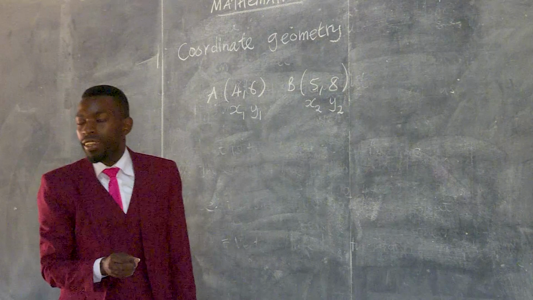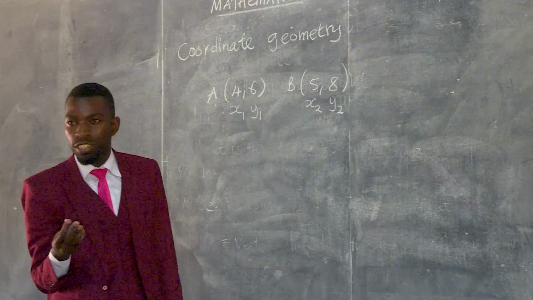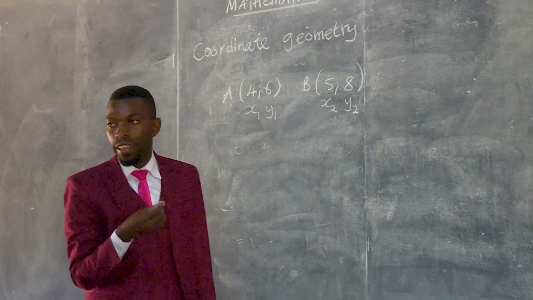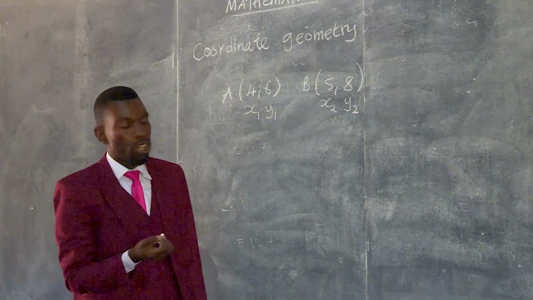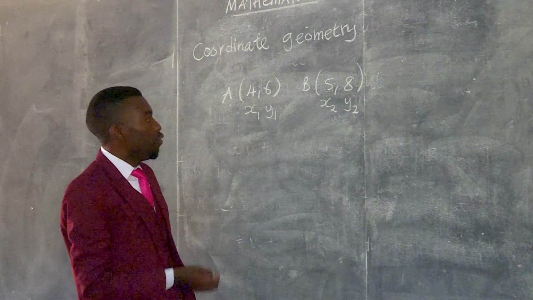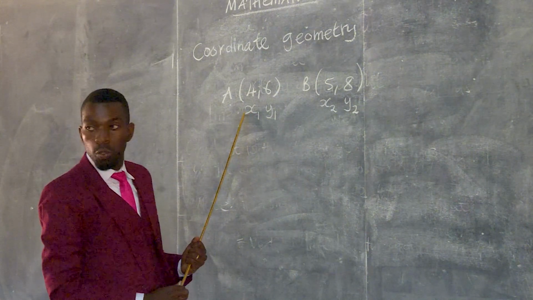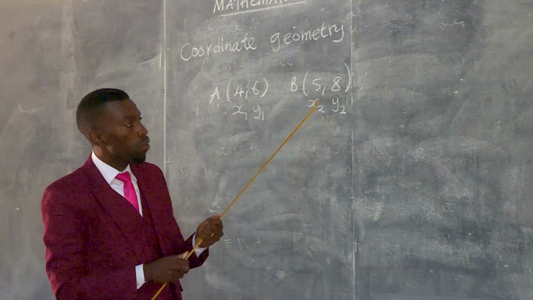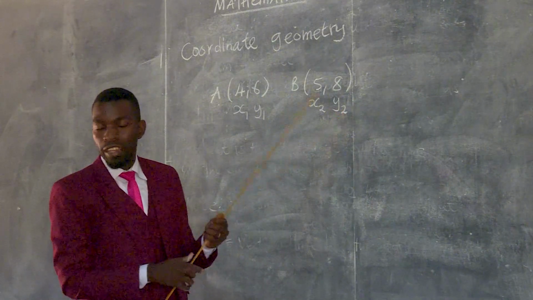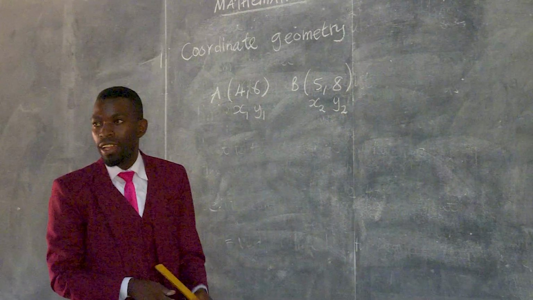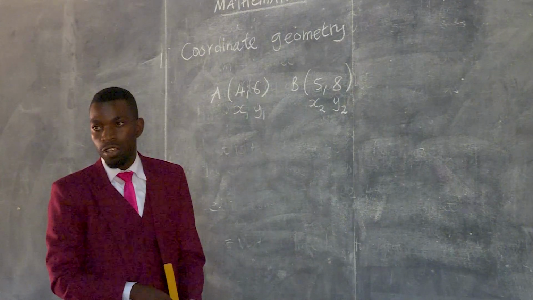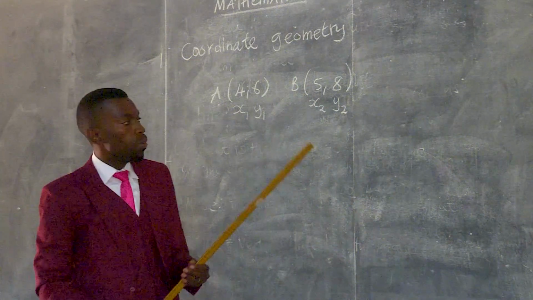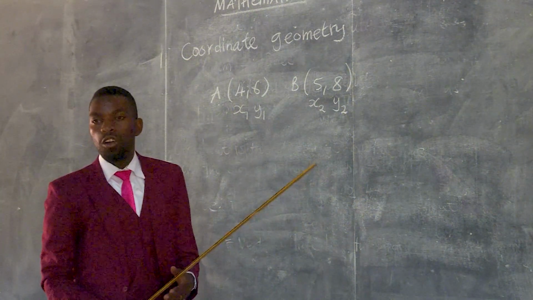So when you are finding the gradient, regardless of the order in which you name the points, the answer has to come out the same. What I mean is, if we want this one to be x2, then this one y2, then this will be x1, y1, then you will proceed with the formula, the answer will be the same. So you are at liberty to name the numbers in the order you want.